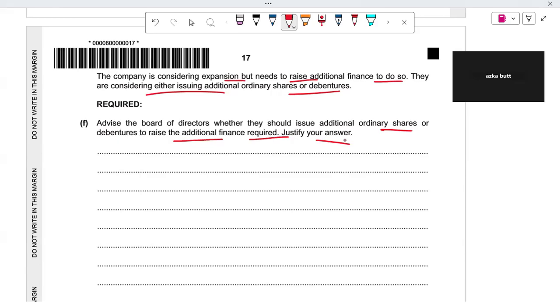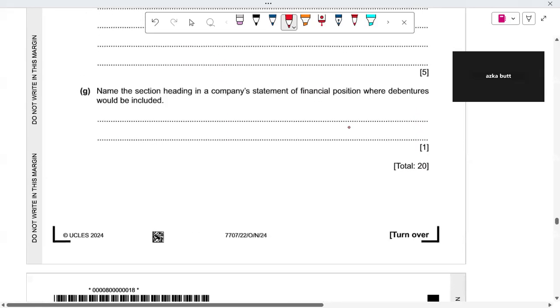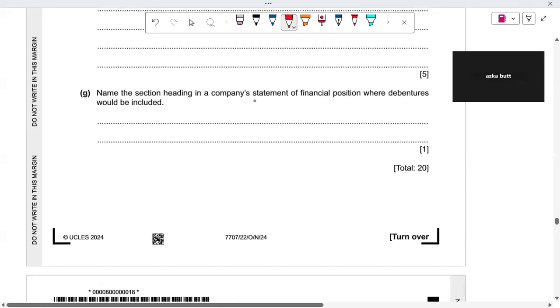If they issue the shares, they don't need to pay the liability, which is the debentures, and they can raise finance by issuing their ordinary shares. Name the section heading in the company statement of financial position where debentures would be included. Okay, debentures will be included in the non-current liabilities.